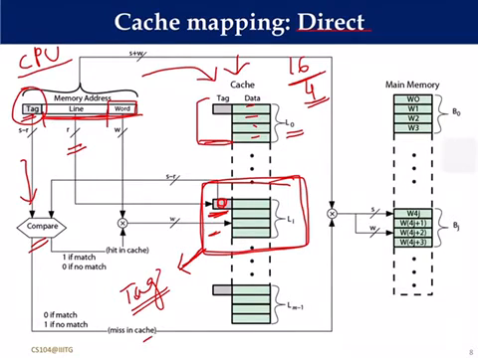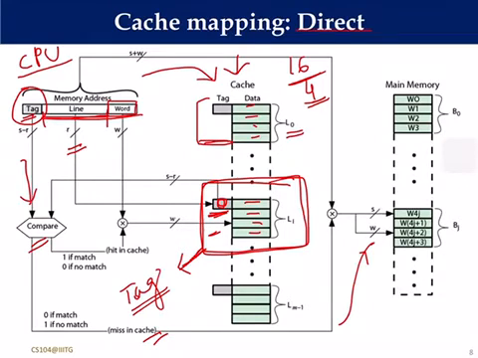Otherwise, that will be a miss, right? If there is a miss, then we need to go to the main memory and bring the data. If it is a hit, then as we know, the CPU will request only one word, and the block contains several words.